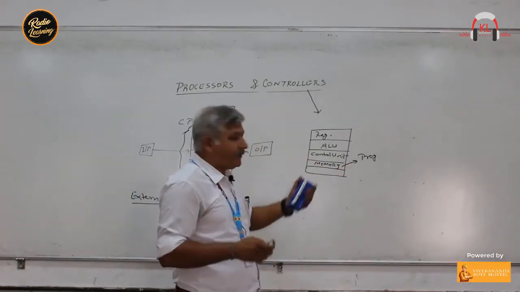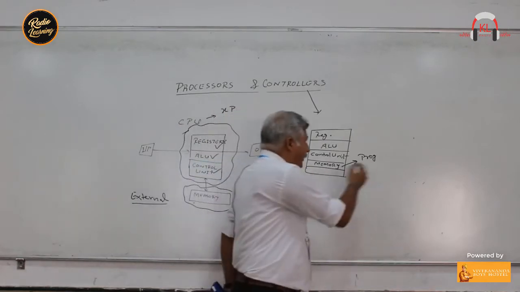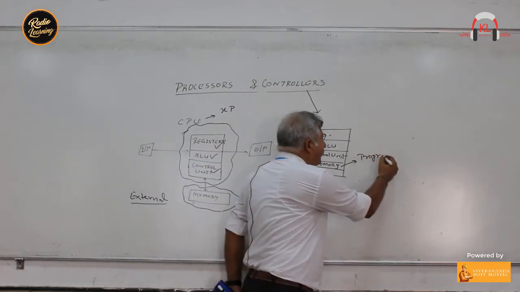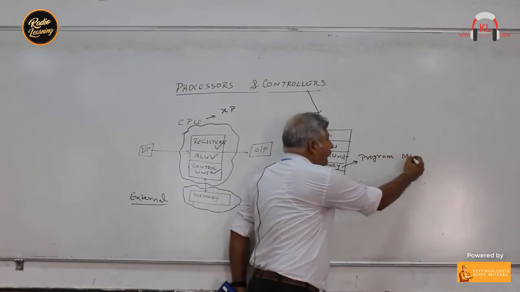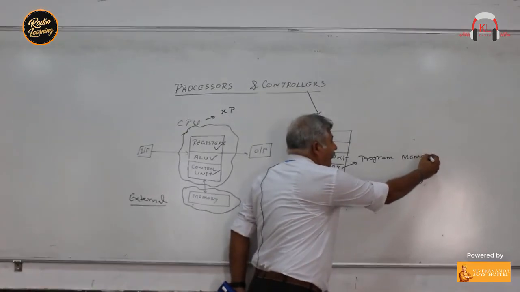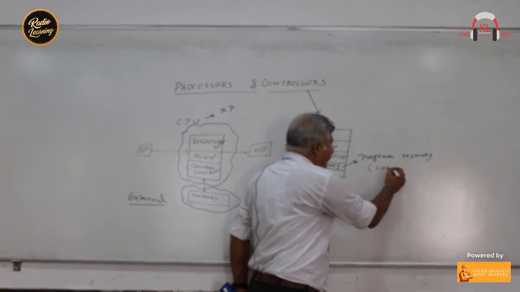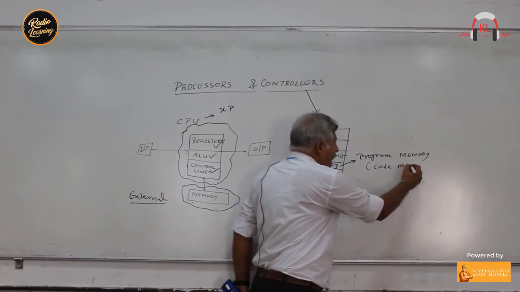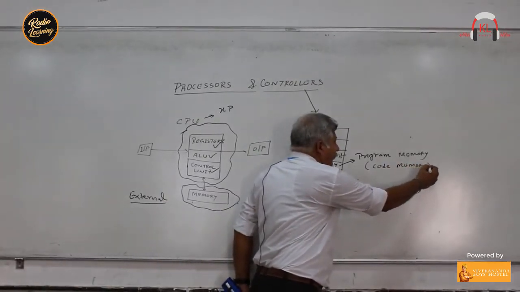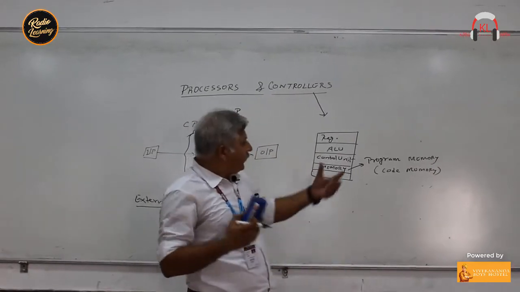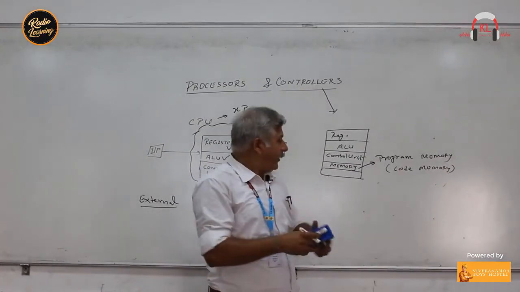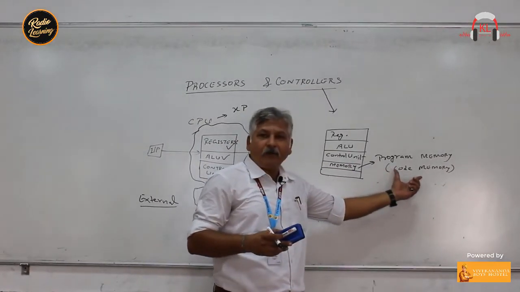And here, basically, there are two types of memory which are required. One is program memory, which is also called code memory. Here we have to store our program in program memory or code memory only.